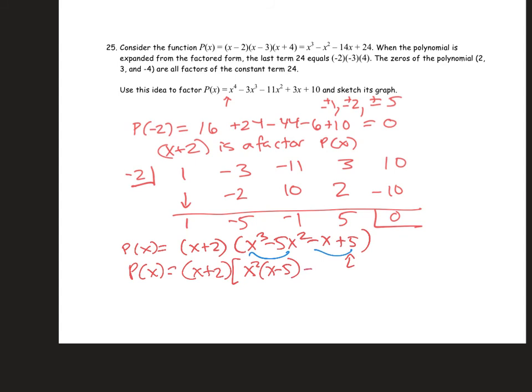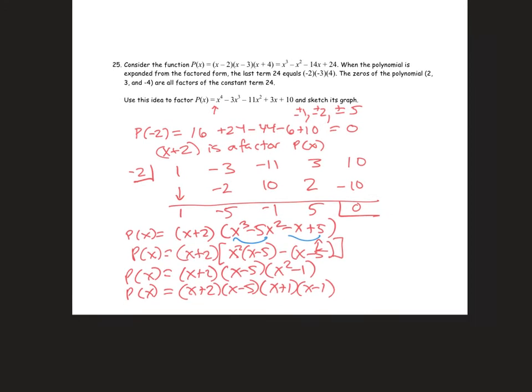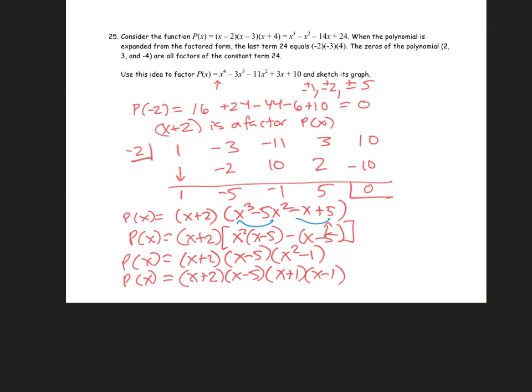And if I take out a -1, I'm going to get x minus 5, which is exactly what I wanted. So p of x equals x plus 2 times x minus 5 times x squared minus 1. Or in other words, p of x equals x plus 2, x minus 5, x plus 1, x minus 1. All right, so now I have everything to be able to sketch a graph here.